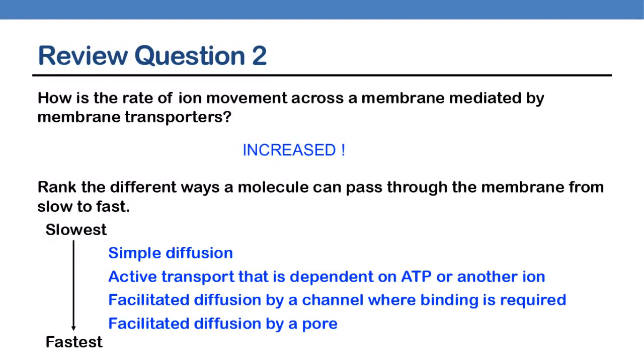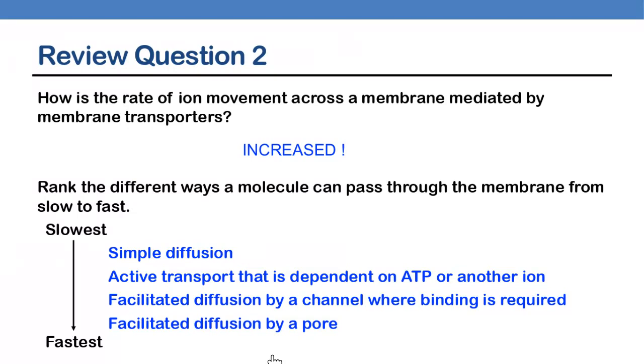Okay, so if we go through these, simple diffusion is where we just have ions going down their concentration gradient. So this is going to be the slowest form because it takes a while for them to cross. Active transport is next because it requires the binding of ATP, the hydrolysis, and then the conformational change.